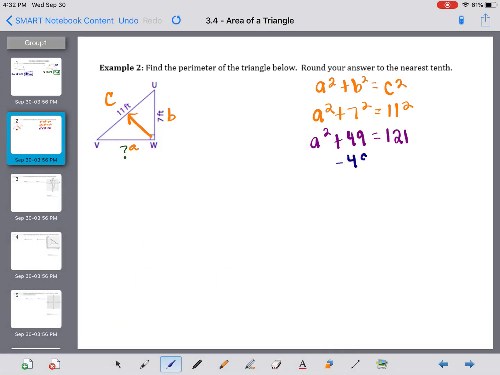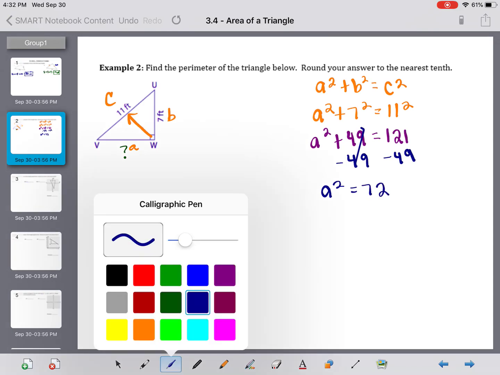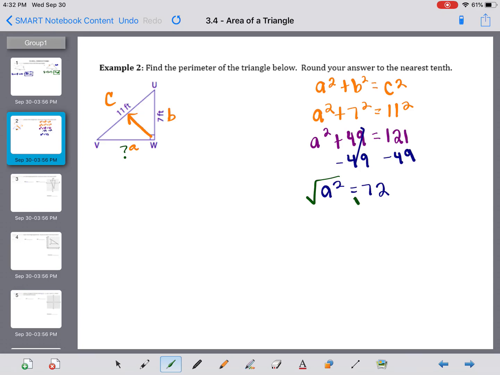To get a by itself, I move the 49 over, so a squared is equal to 121 minus 49, which is 72. Then continue getting a by itself by getting rid of the square. Normally here we would round, but we're going to wait. We're going to leave this side as radical 72 feet.